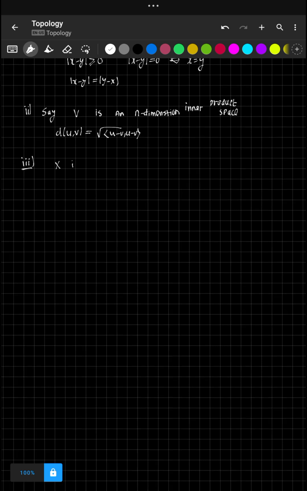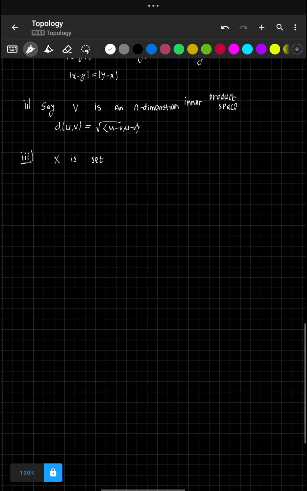Say X is an arbitrary set, and you define d such that d of x comma y is equal to 0 if x equals y, and d of x comma y equals 1 otherwise.